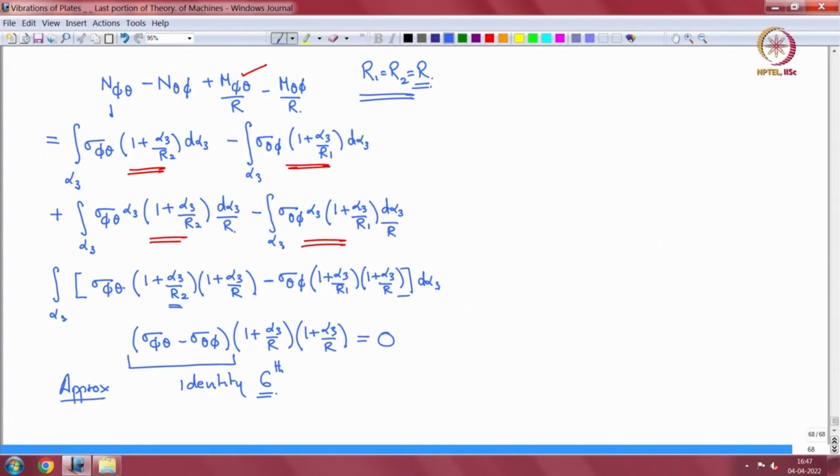The other point I wanted to make is this. Now we have Hamilton's law, let's say just for the Euler-Bernoulli beam.